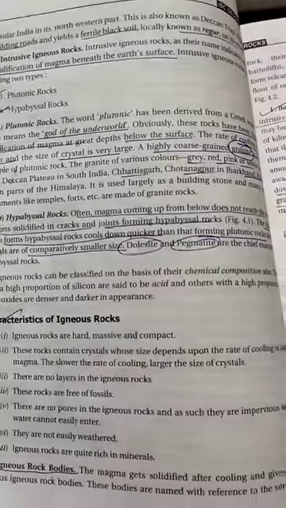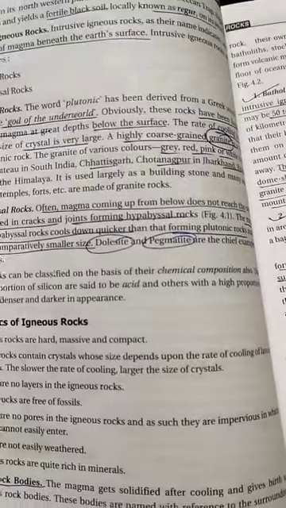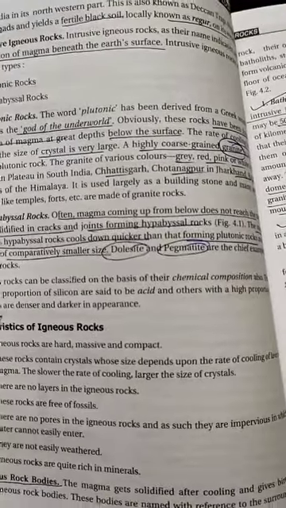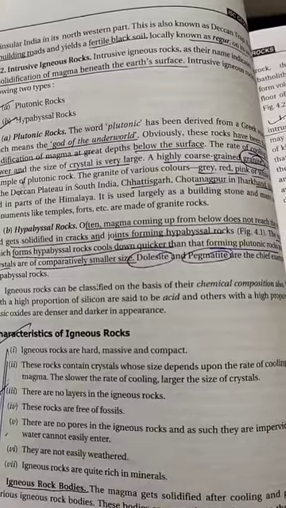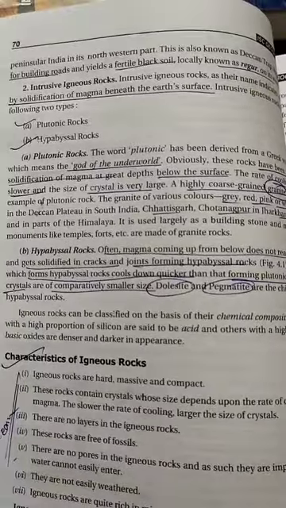Next, about the igneous rock bodies. The magma which solidifies after cooling gives birth to various types of igneous rock bodies. Can you see the diagram?